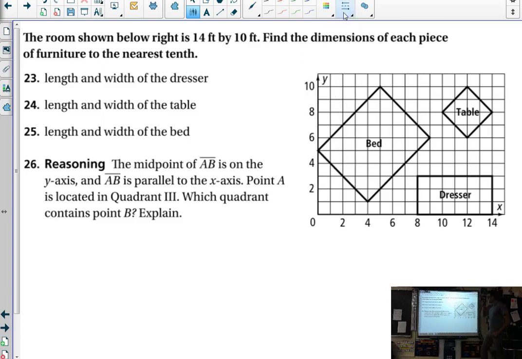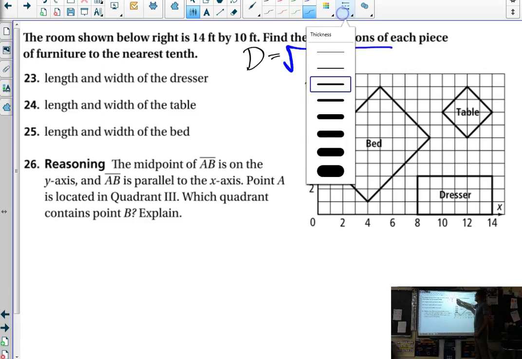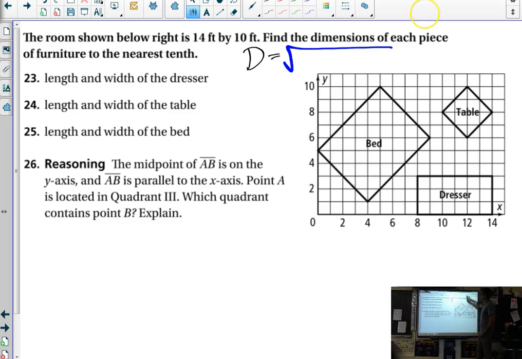So what is our general distance formula? When we talk about distance of things, it's really a manipulation of the Pythagorean, right? Our Pythagorean is a squared plus b squared equals c squared.